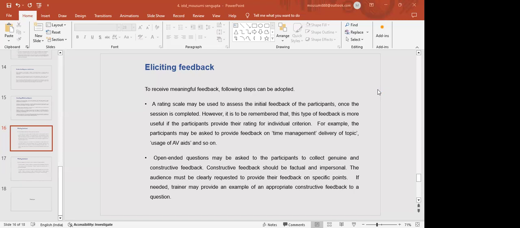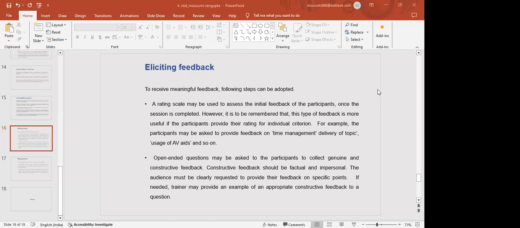communication, the communication starts with the sender of the message. It goes to the receiver of the message, traveling through various barriers and several noises. And then the receiver tries to understand the message that has been sent by the sender.